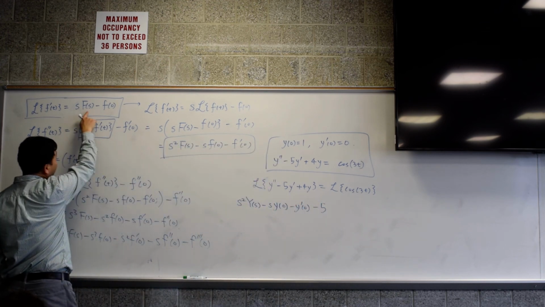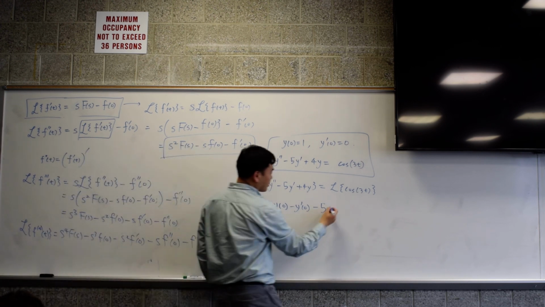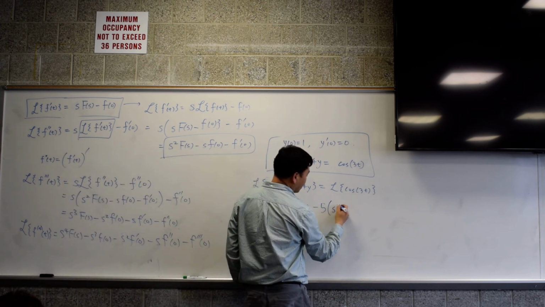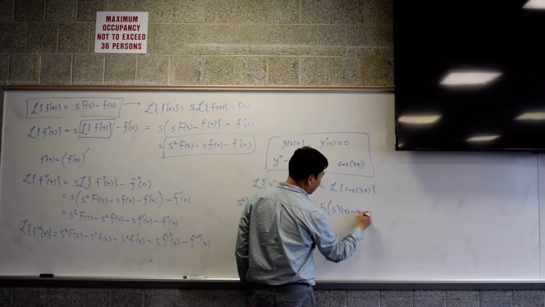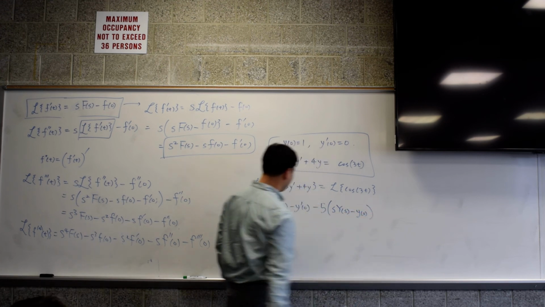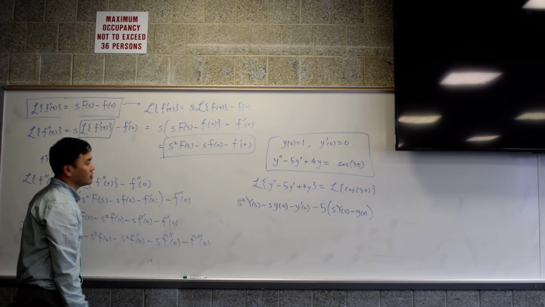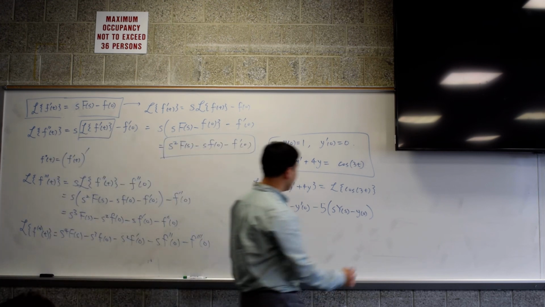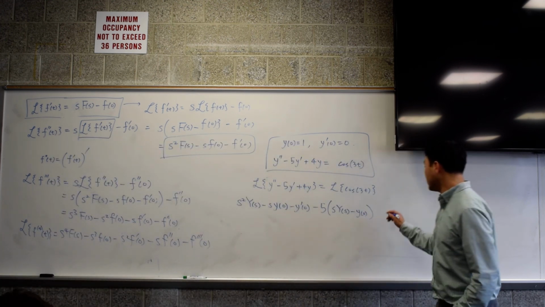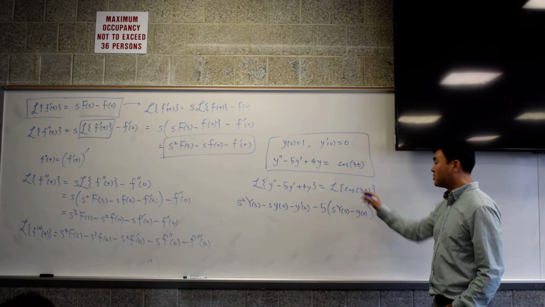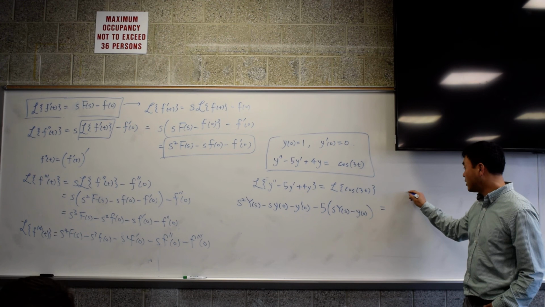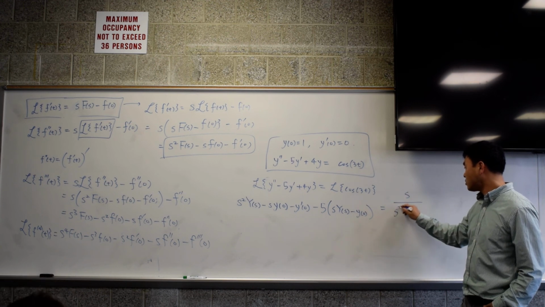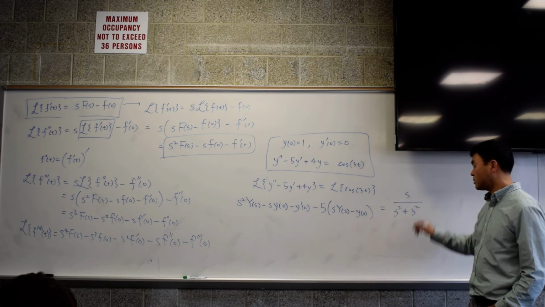I have the formula here, right? So it's s times capital Y of s minus y of 0. And then finally, on the right side, there's a formula for cosine 3t. What's the Laplace transform of this? It's s over s squared plus 3 squared.